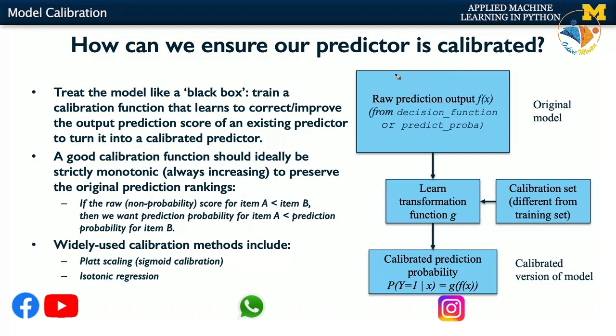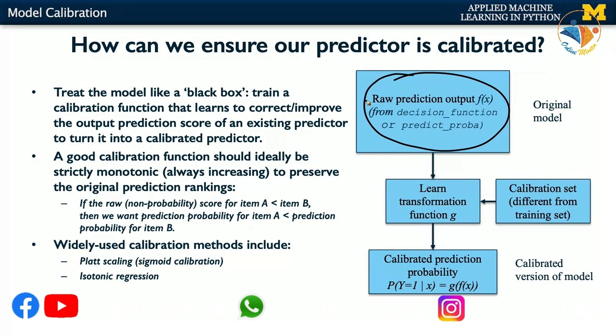So we might have a prediction function f of x that produces some raw output, and the output could be a probability if the classifier supports the predict_proba method, or it could be a score that comes out of the model, in which case you could get it from the decision_function method. But in either case, let's assume that that raw prediction output is not calibrated.